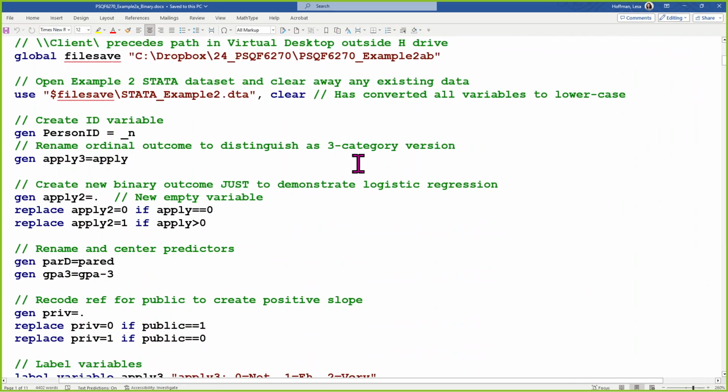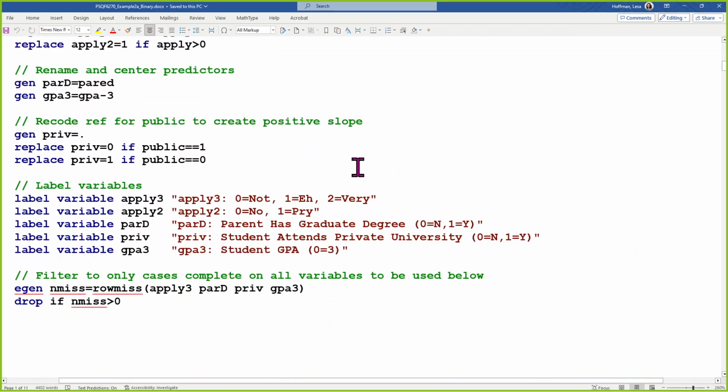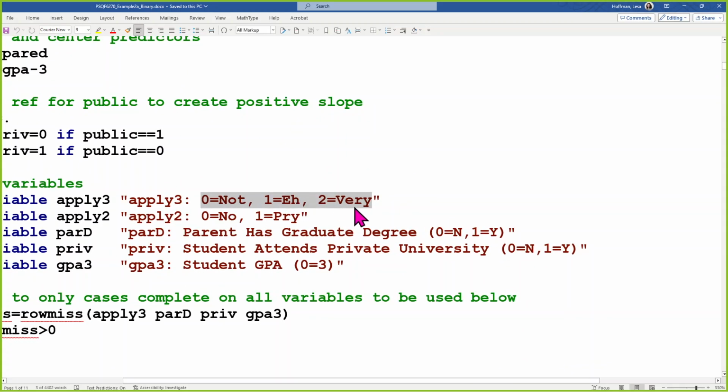Remember the story here? What we're predicting in this example? The logit of applying to graduate school, which in the data were scored on a 0 to 2 scale that they didn't tell me what the numbers meant, so I made it up. And then I collapsed it for the purpose of having a binary example. Would you ever do this in real life? Probably not.